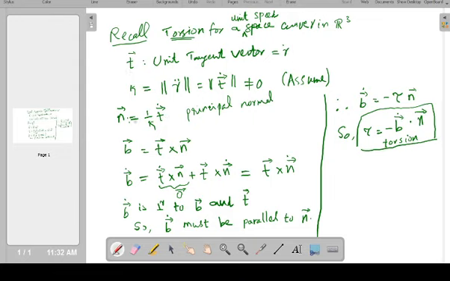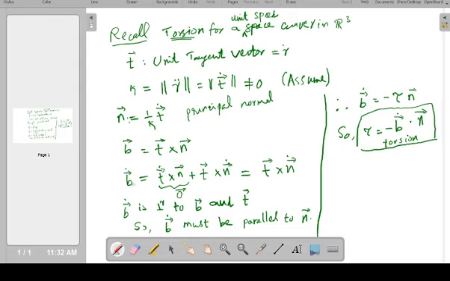That means n is a vector perpendicular to t. So the angle between n and t is pi by 2. So the norm of b equals the norm of t times the norm of n times the modulus of sin pi by 2, which is equal to 1. So b is a unit vector.